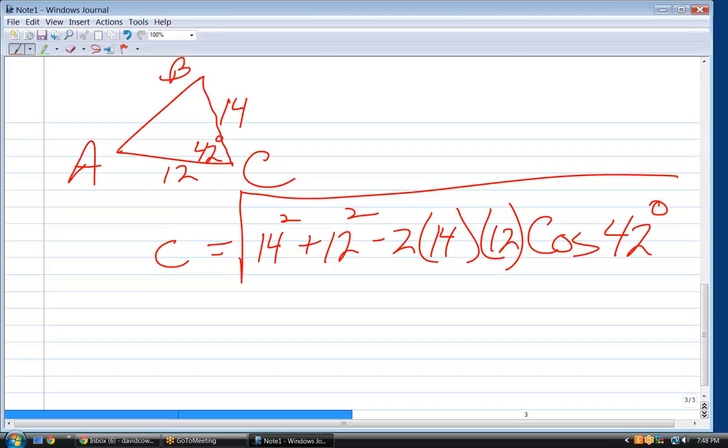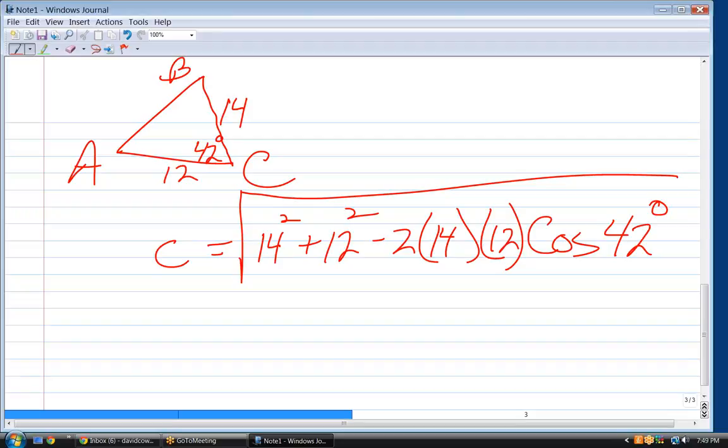Once you come up, if you want to take the time to do it, go ahead. We'll come up with C. Then we have a side opposite angle relationship, and we finish it using the law of sines. If you want to come up with that number, let's go ahead and finish this out.